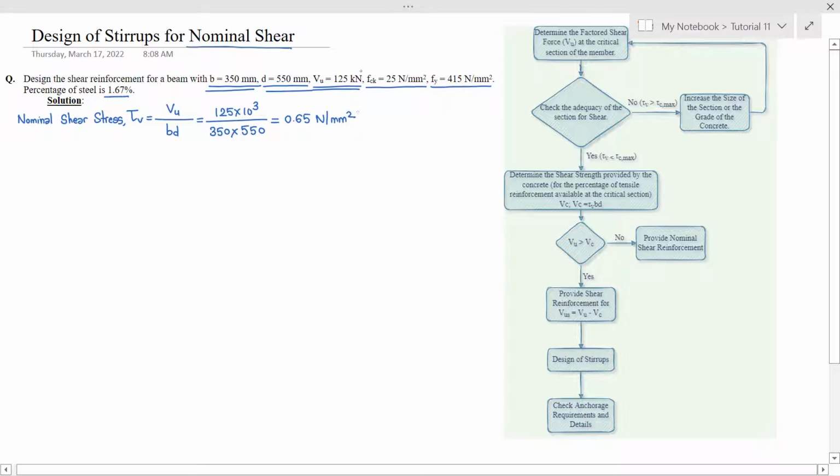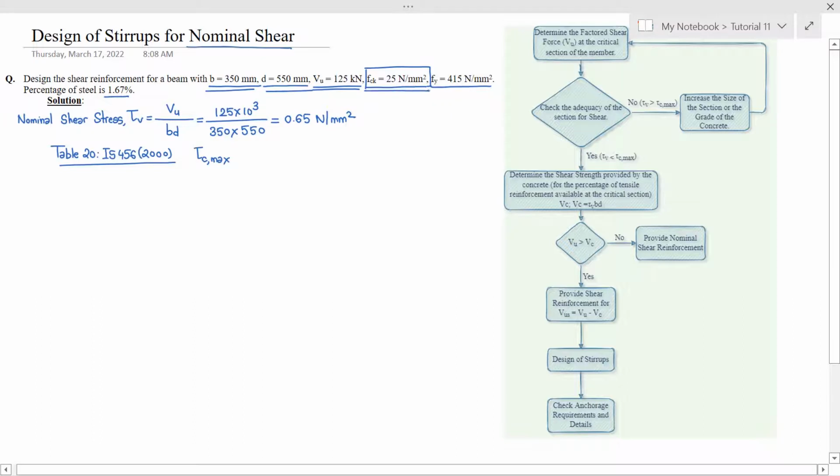Now we are given that the characteristic strength of concrete is 25 Newton per mm square. As we discussed in our previous lecture, if you go to your code and look at table 20 of IS 456-2000, you will be presented in that table with the value of the maximum shear stress that is available for your section, and this maximum shear stress is dependent on the grade of concrete that we are using.